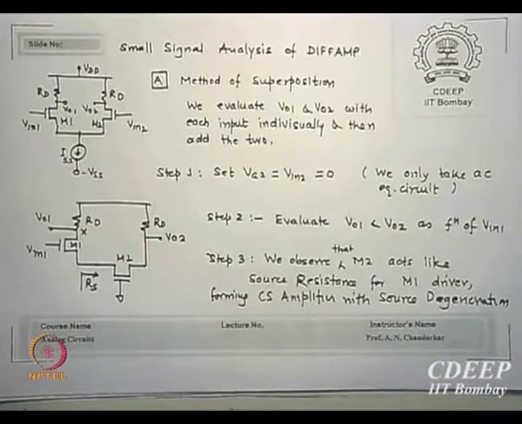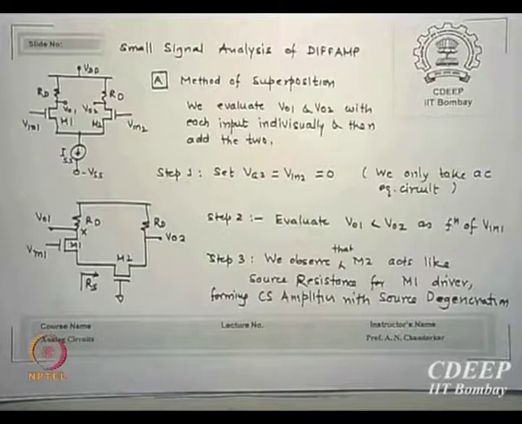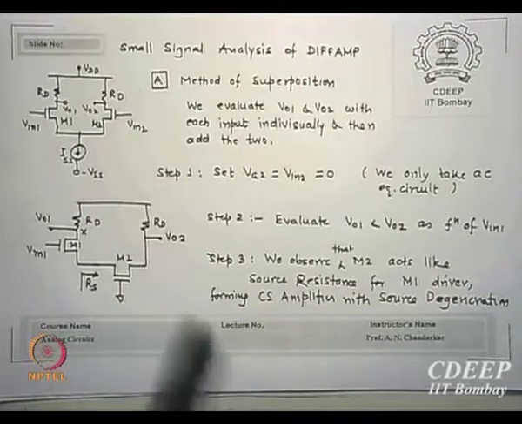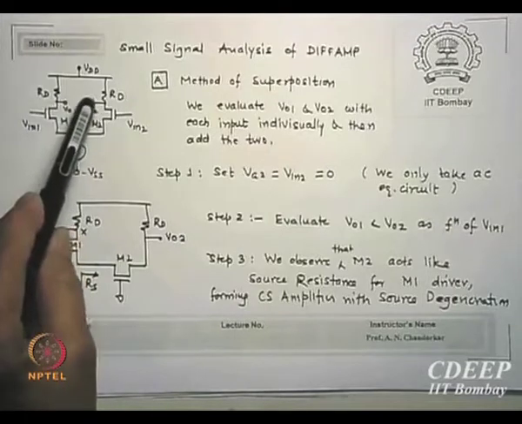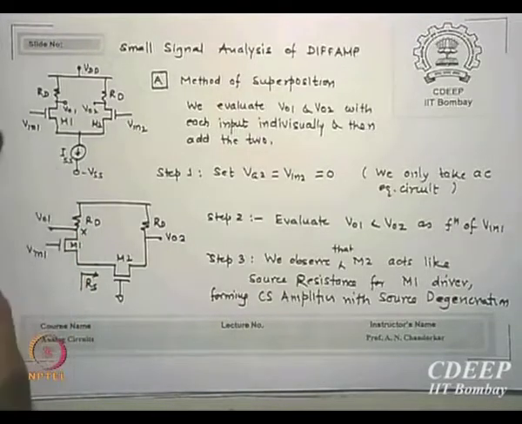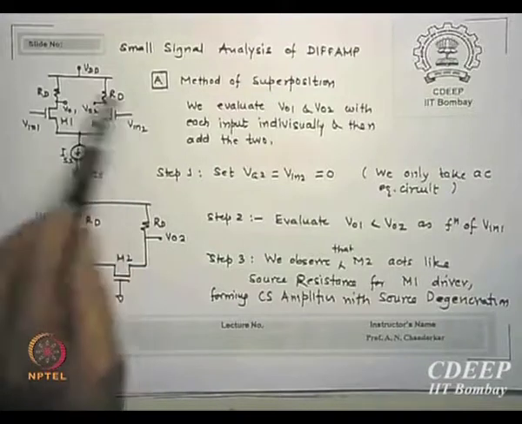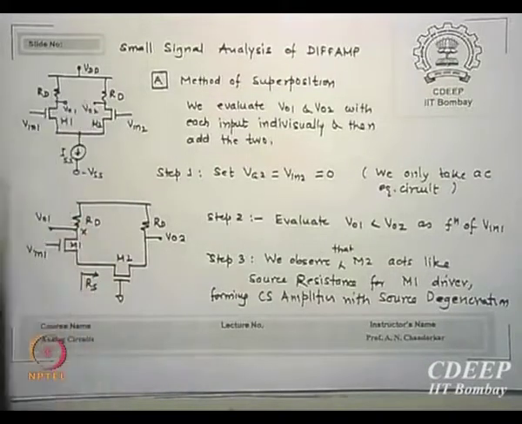Now here is the method. I give you two methods to solve. The first method is called the method of superposition. Please look at the outputs of those two, VO1 and VO2. Vin1 and Vin2 are the inputs. VO1 and VO2 are the outputs at the two drains of M1 and M2. Now what does the method of superposition say?